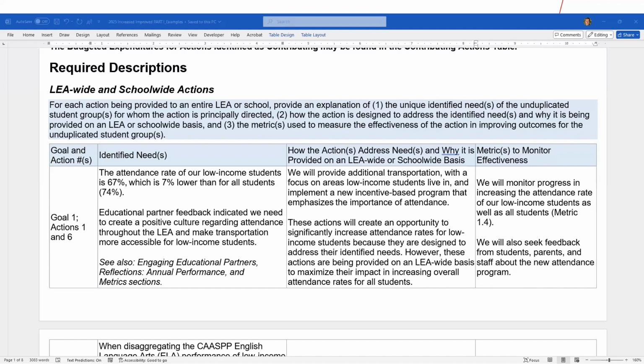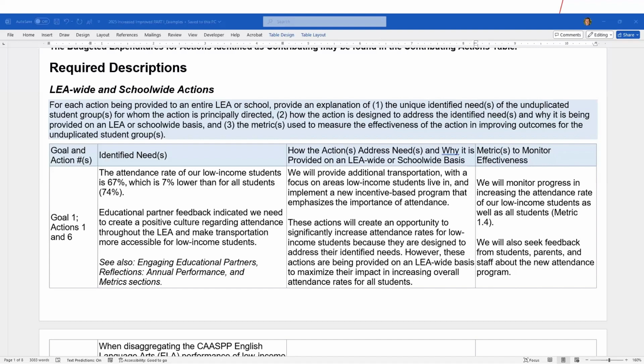What I mean when I say that there can be metrics that don't necessarily live in the LCAP as metrics, I'm talking about things like feedback or even sometimes internal data that isn't always broken down as much in the actual LCAP because it can be so vast and large.